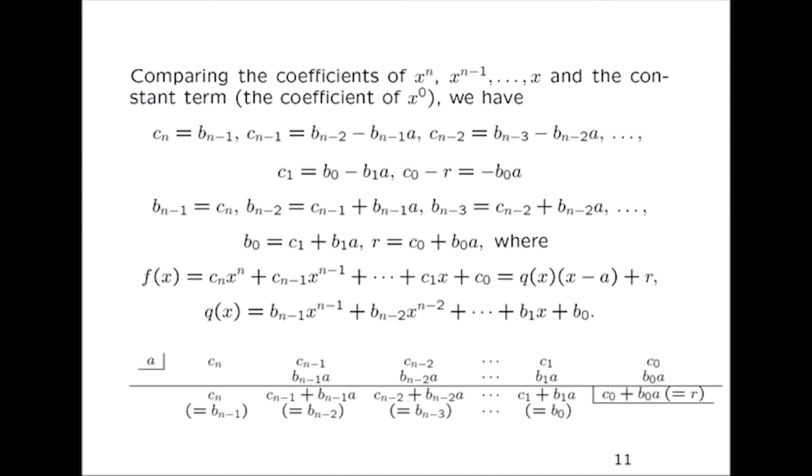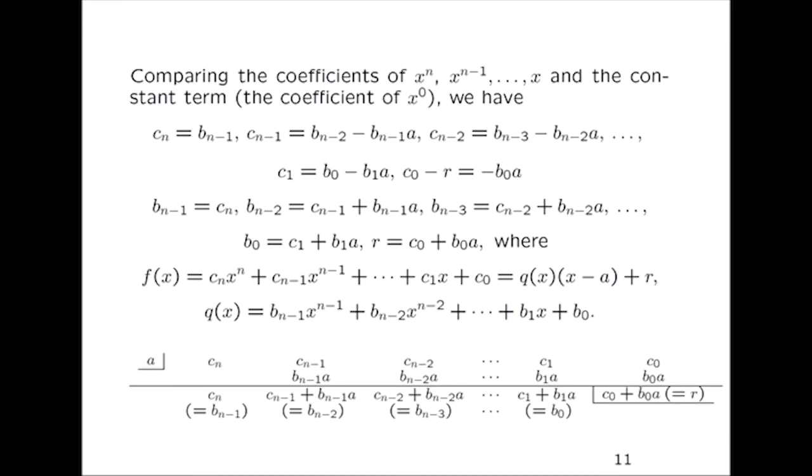I know that I'm very fast, but in that way you can find these equations. Since, as I told you, we want to find bi's, and the ci's are given, if we solve these equations, you get b(n-1) is equal to cn, and b(n-2) is equal to c(n-1) plus b(n-1) a.